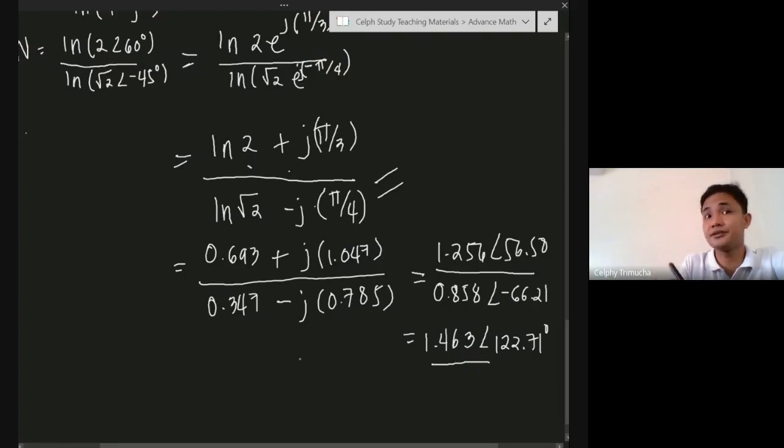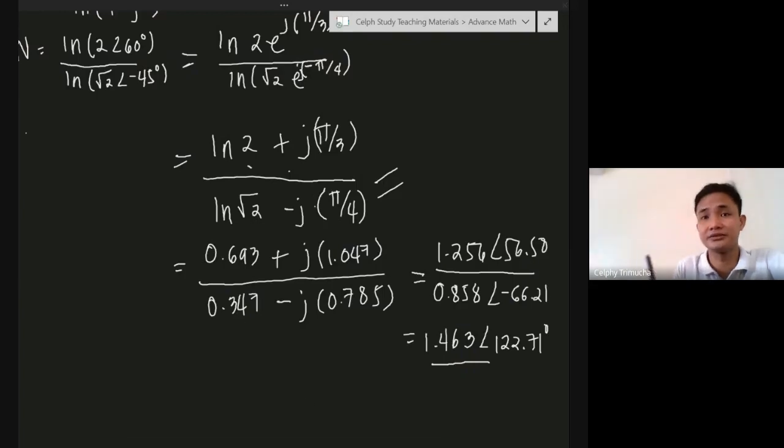Okay, so na-try nyo na ang answer sa calculator. Okay, ln. So we have ln of 2 plus 1.047i, all over ln square root of 2 minus 0.785i.